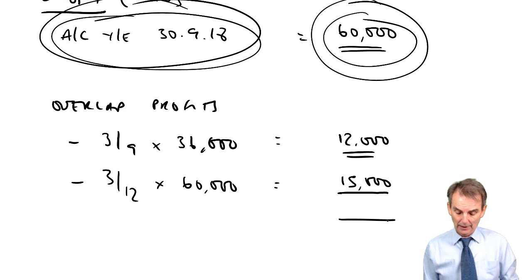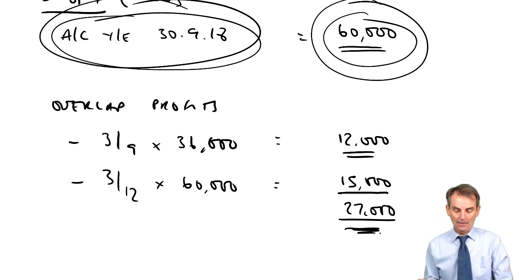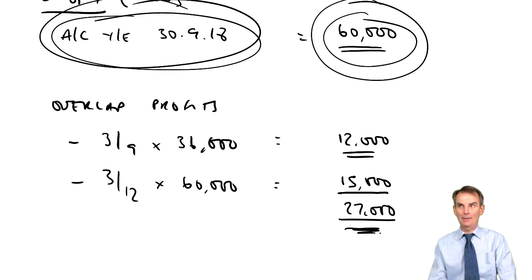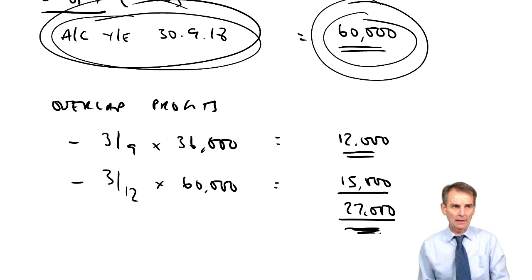Total, therefore, in relation to our overlap profits, 12 plus 15, £27,000 worth of overlap profit. That is noted on our permanent tax file at this point in time. And what do we do with it? Well, it'll come back, of course, to be deducted in deriving the assessment for the final tax year.